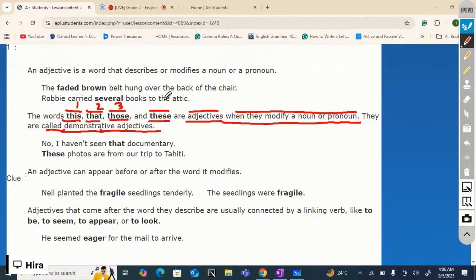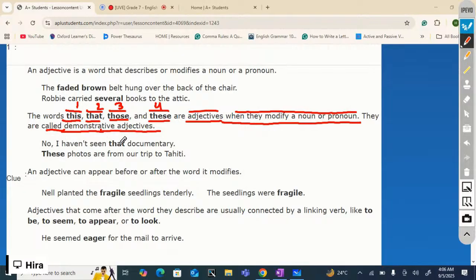This, that, these, those. This and these are used for the same things, but this is used for singular and these for plural. And that and those are also used for the same thing, but that is for singular and those is used with plural nouns.